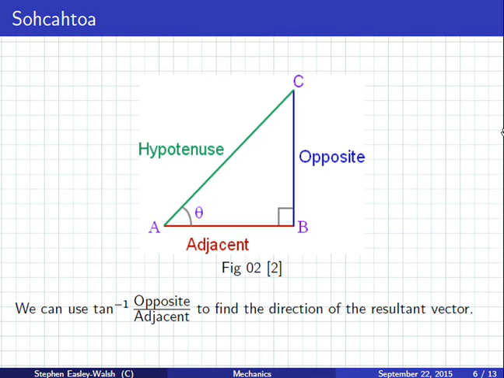No, sorry, not 4 over 5. 4 over 3, wasn't it? So you can see, I can type it in the calculator like that, and this will give me the angle. So the angle is 53.